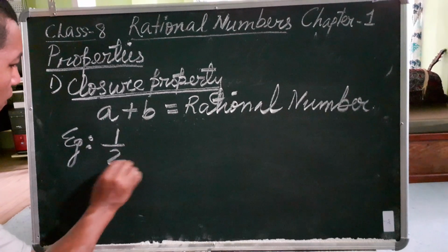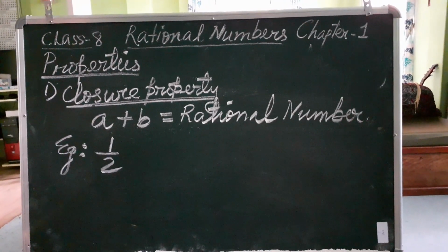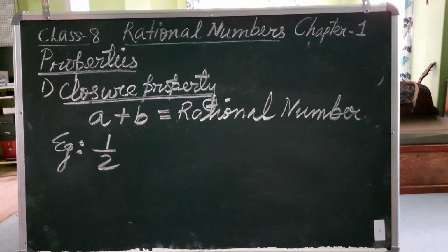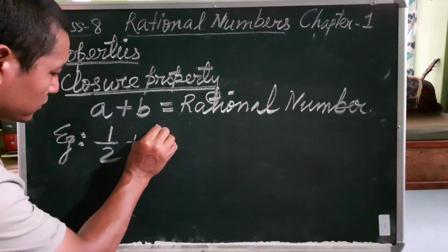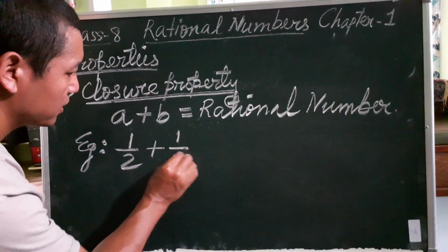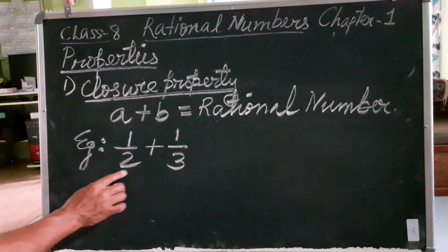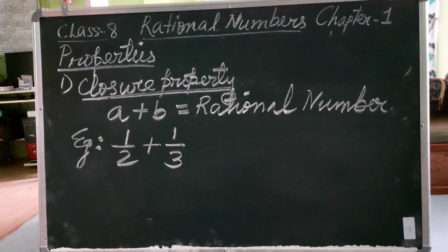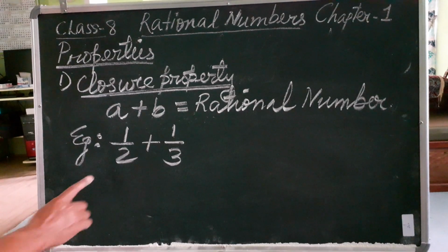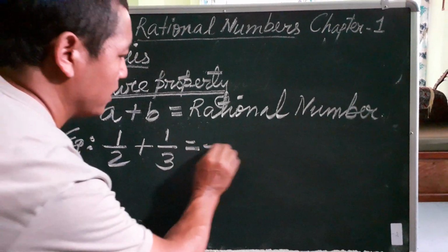1 by 2 is a rational number. Then another rational number, 1 by 3, is also a rational number. When you add these two rational numbers, you will always get another rational number. Let us see. 1 by 2 plus 1 by 3.